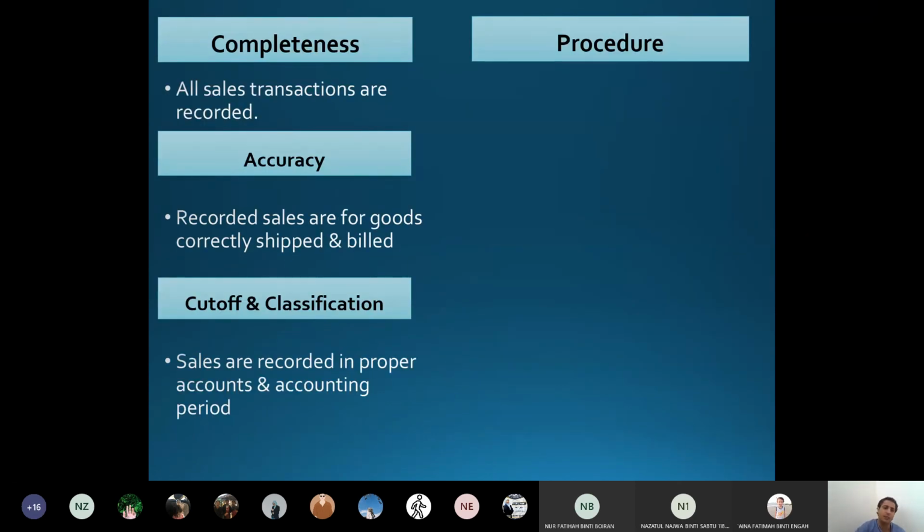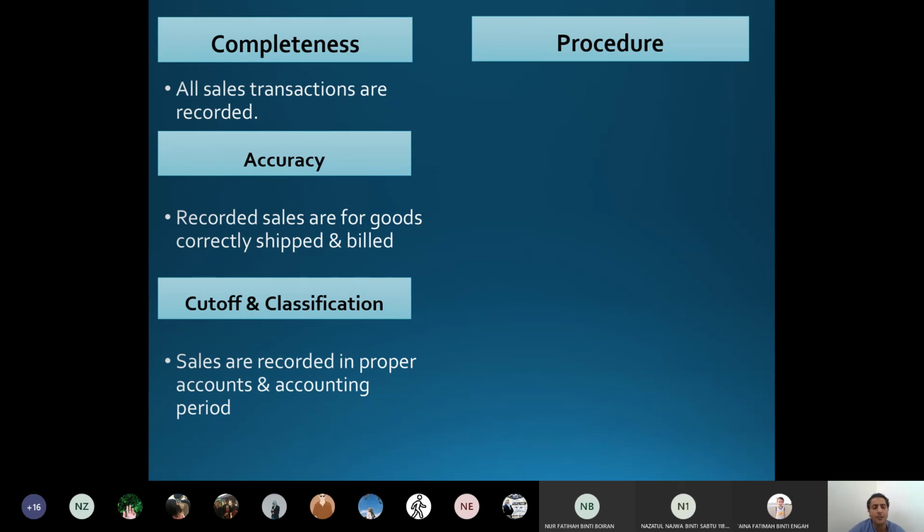Let's say now the completeness, accuracy, cutoff and classification. For completeness, management says all sales transactions are recorded, and they say also in accuracy, recorded sales are for goods shipped and billed correctly, so it's recorded correctly, accuracy.